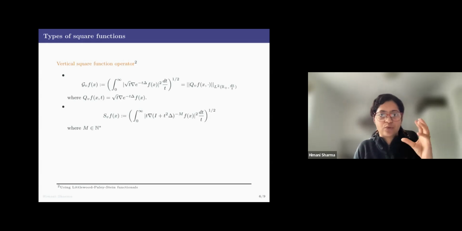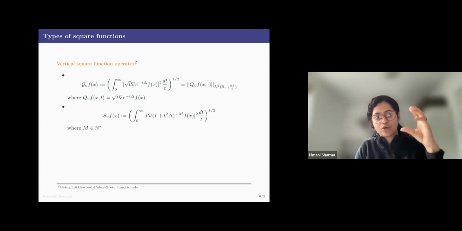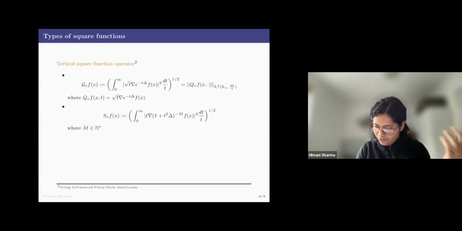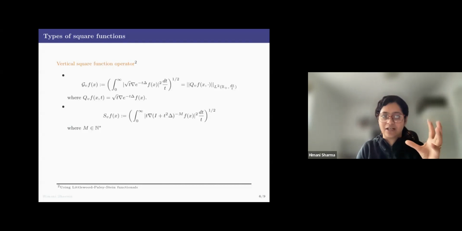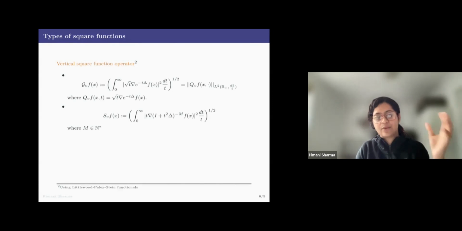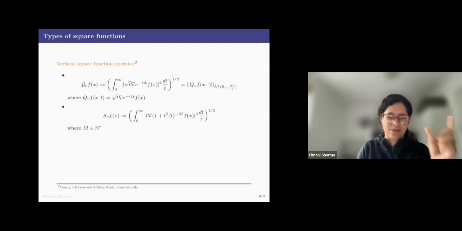It is still possible to get an equivalence from the semigroup to the resolvent operator, which can be done by obtaining boundedness of the holomorphic functional calculus for the corresponding Dirac operator in the case of the vertical square function, and the Laplace operator in the case of the horizontal square function. With the help of that, we can go from the exponential, the semigroup, to the resolvent case.